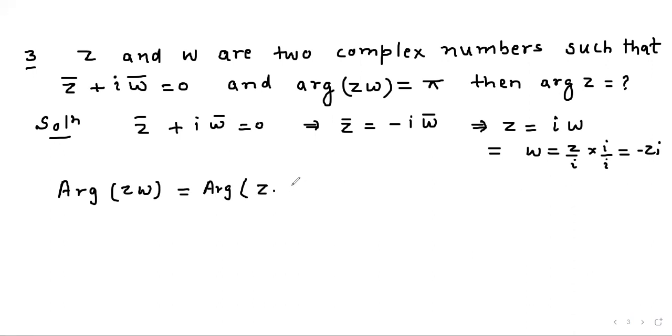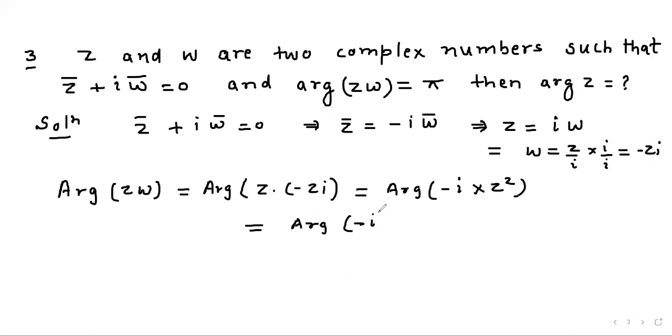So z into minus zi, which is equal to arg of minus iota times z square, which can be written as arg minus iota plus twice of arg z. But arg zw is given as pi, so we can write it as pi.